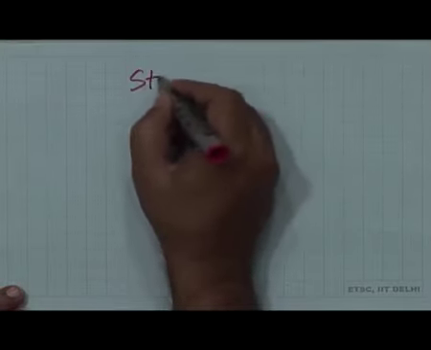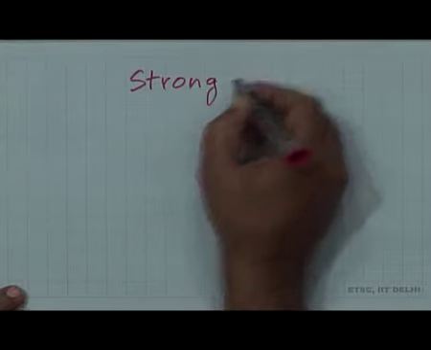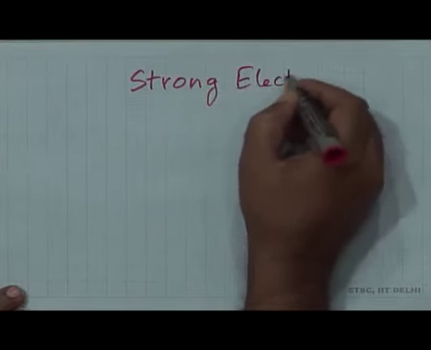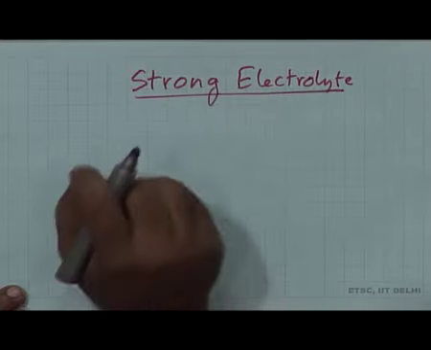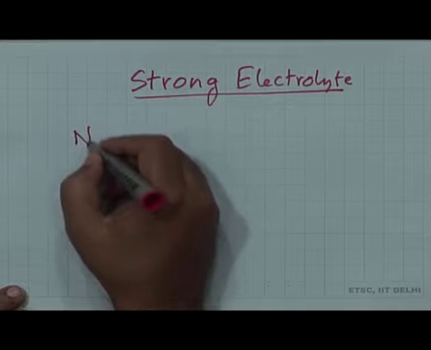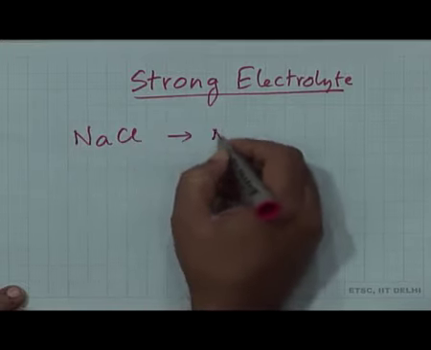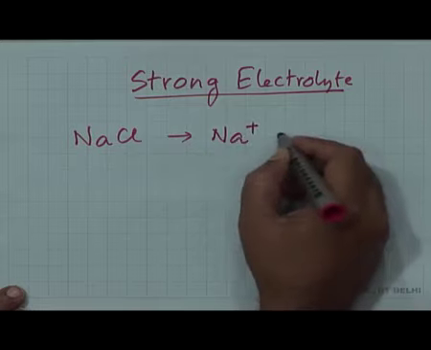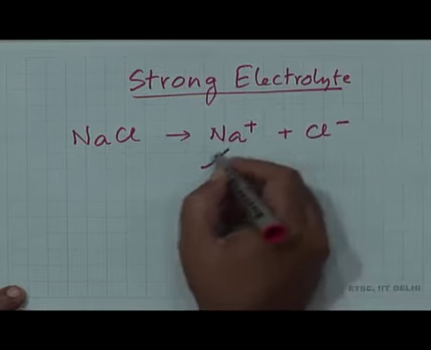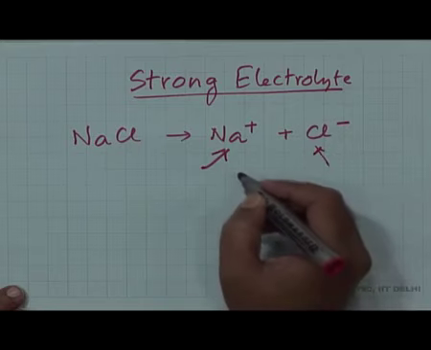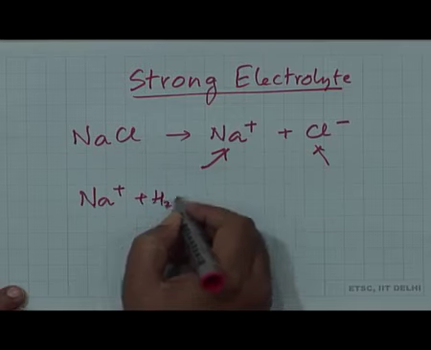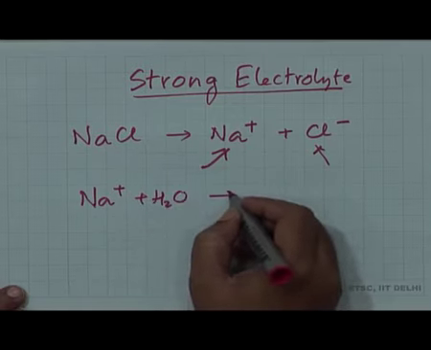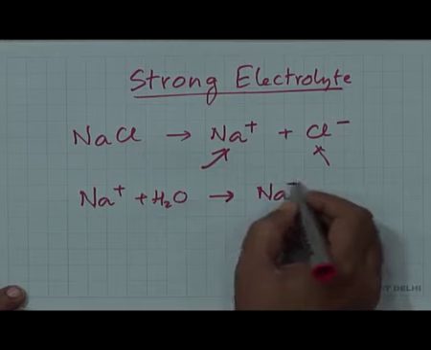Generally, in the case of a strong electrolyte, both the ions, cation and anion, for example Na plus, when they react with water, simply get hydrated.